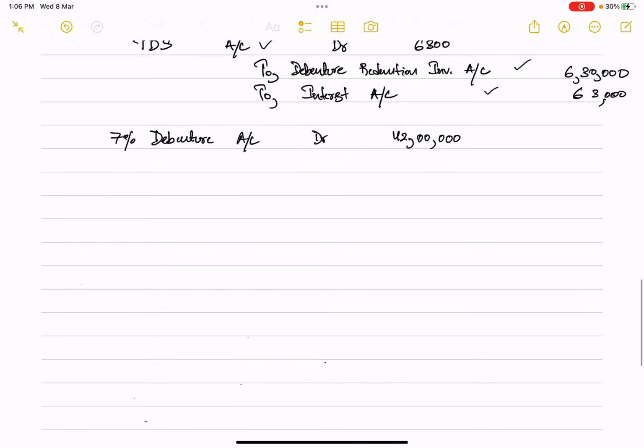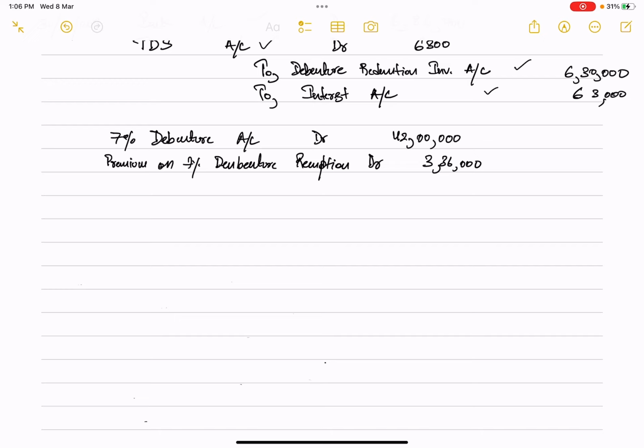So this amount will also be debited. So premium on 7% debenture redemption account is also debited 3,36,000, right?